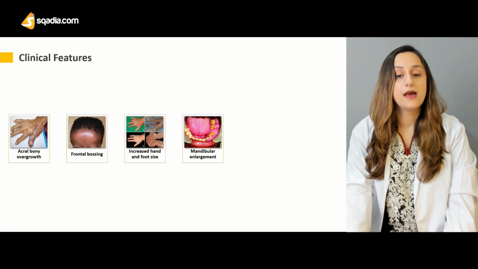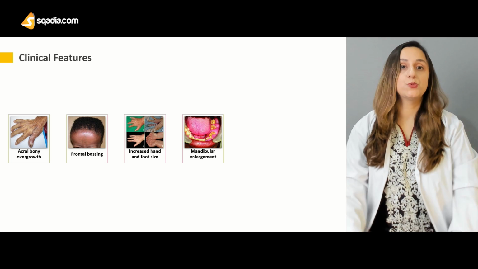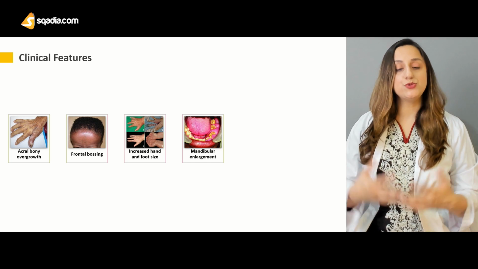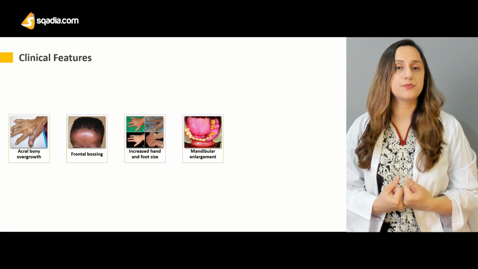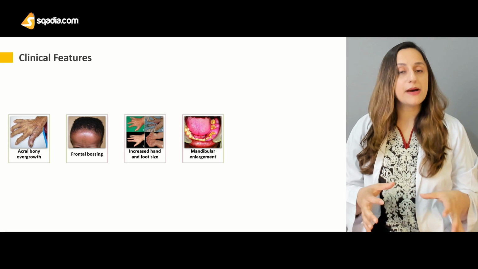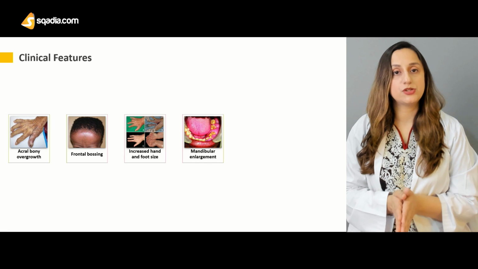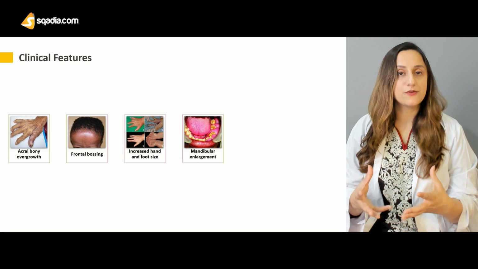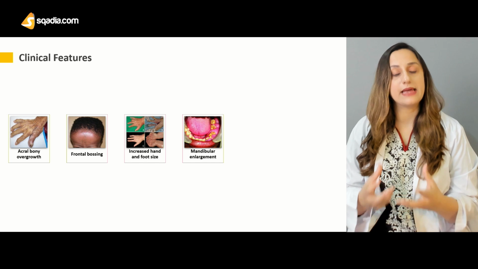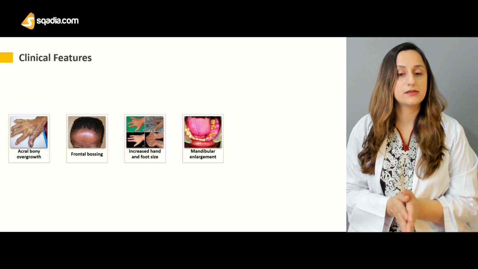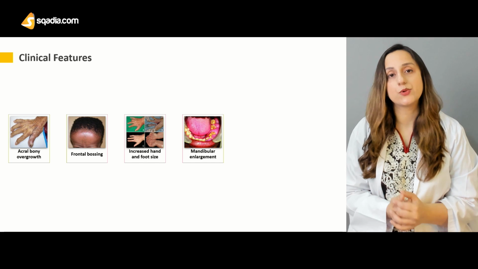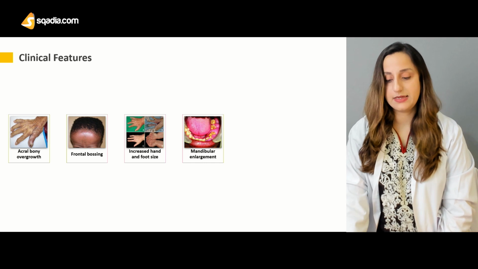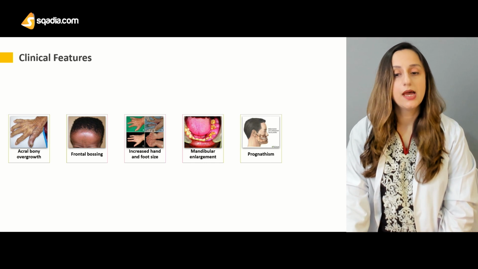Then we have the mandibular enlargement, which is seen in these patients. You usually ask the patient to open the mouth, and you closely look for the gum excisions, and that is how you diagnose whether the patient has mandibular enlargement or not.